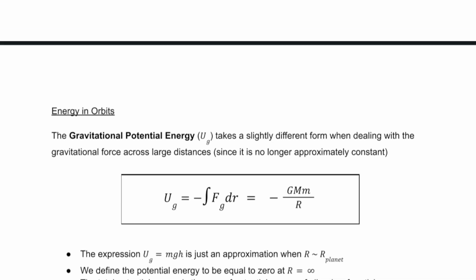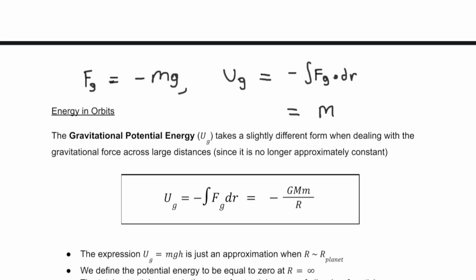So if you remember, our old fashioned gravitational potential energy, well, we just said that if the force of gravity was equal to a downward mg, then that meant the gravitational potential energy was just going to be equal to the negative of the work done in moving the object, which we said just simplified to mgh, or mg delta h. And again, we set the 0 point to be the Earth's surface for this potential energy.